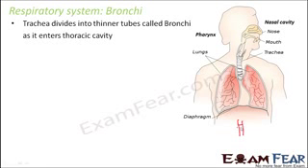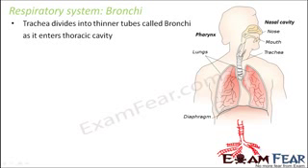So, this is the trachea. Let us suppose this is the trachea. Now, as soon as the trachea reaches almost the mid of the thoracic cavity, it branches out into tube-like structures, somewhat like this. So, it branches out into 3 tube-like structures towards the right lung, and it branches out into 2 tube-like structures in the left lung.